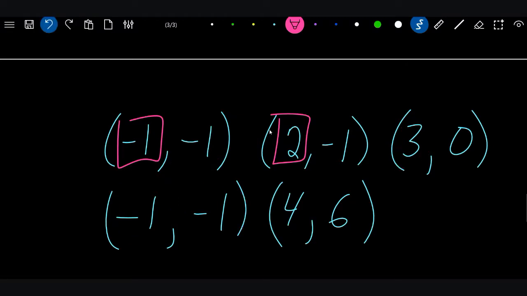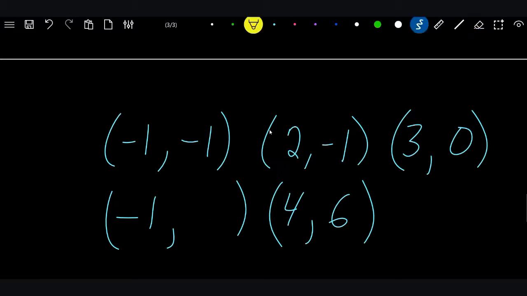What happens if I get this list and this is different? Let's say this is a +1. Notice that I have the same input, the same x, but I have different outputs. My y changes. So is that a function?